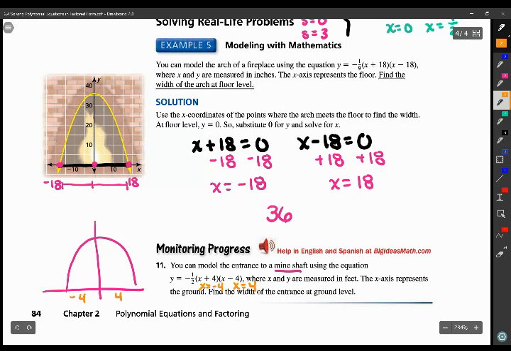But when we talk about distance, distance is always positive. And so if you've got 4 and 4, then the entrance of your mine shaft is going to be 8. And in this case, does it tell us? So this would be 8 feet. And this was in inches, so 36 inches.